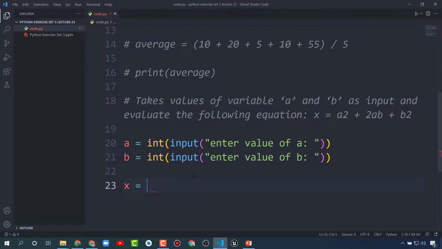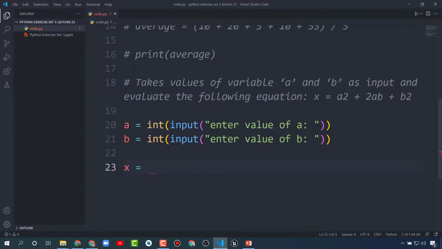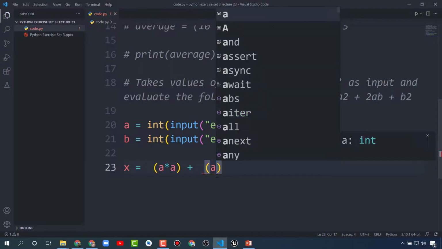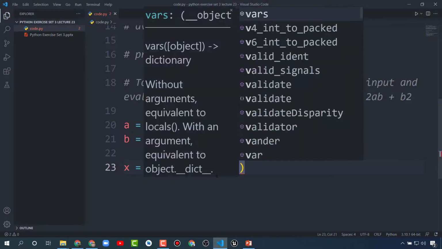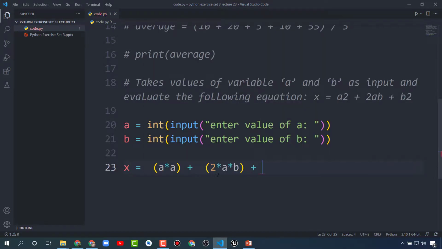So we want to take the square of a, so we write a multiplied by a, so it will find the square of a, then plus, and then 2 multiplied by a multiplied by b, and again addition, then again squaring, so we multiply b with b.